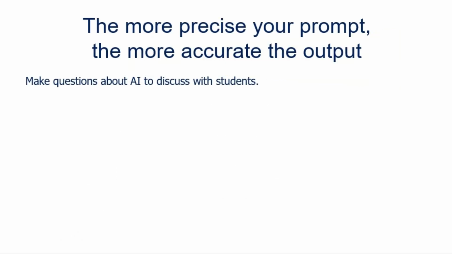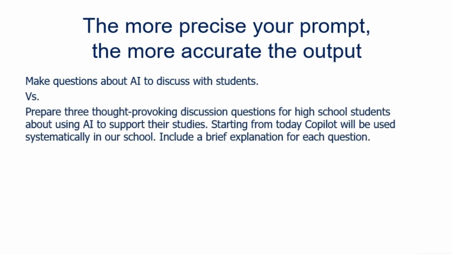Here is one example. You could write the prompt, make questions about AI to discuss with students, but that's not very specific yet. If you add a little bit more context, it's already much better. Prepare 3 thought-provoking discussion questions for high school students about using AI to support their studies. Okay, that's better.